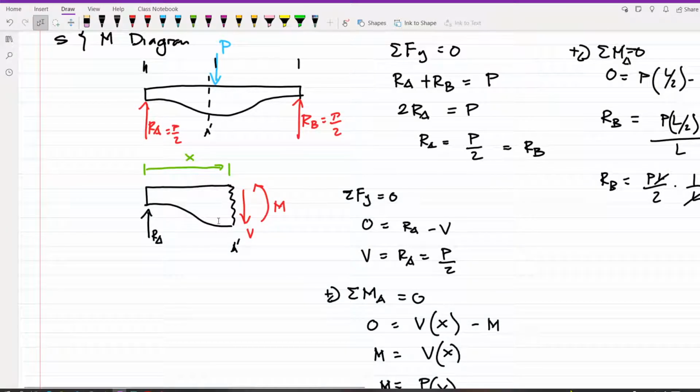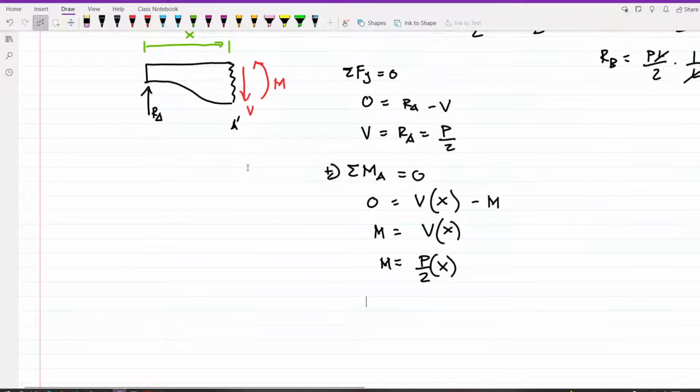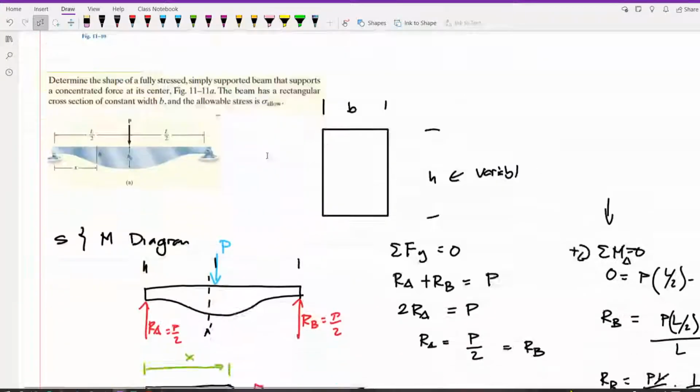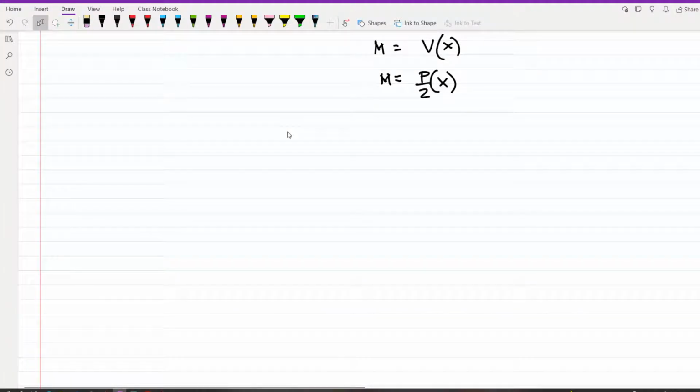So, next, may M na tayo sa formula natin na ito. Check natin kung S is equal to M over sigma allow.